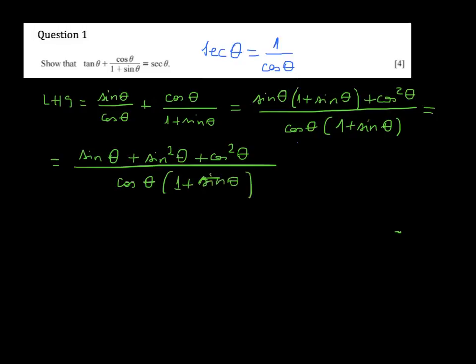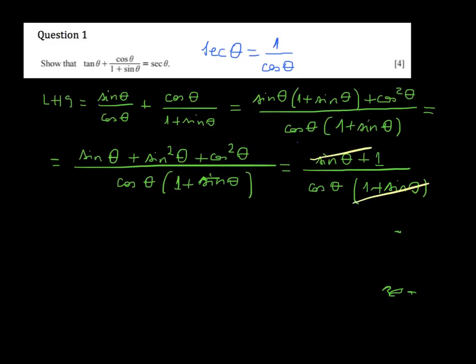And now the next thing to notice is that sine square theta plus cos square theta gives me 1, so I'm going to replace it by 1. Sine theta plus 1 over cos theta brackets 1 plus sine theta, and now see how this whole bracket cancels.